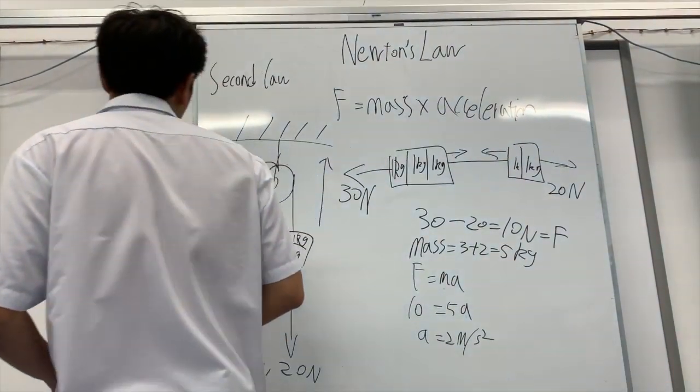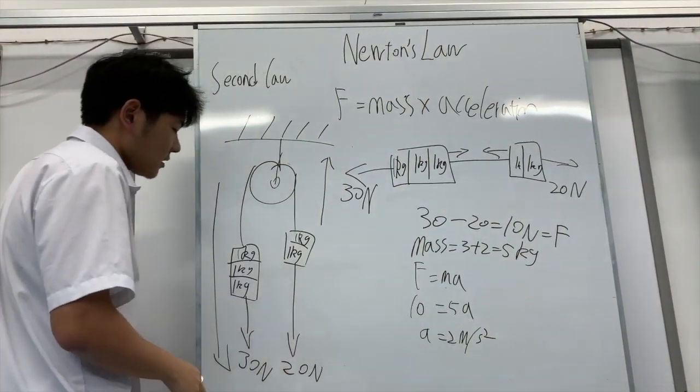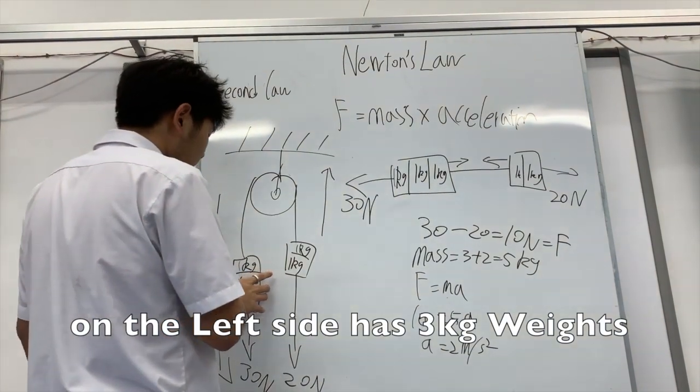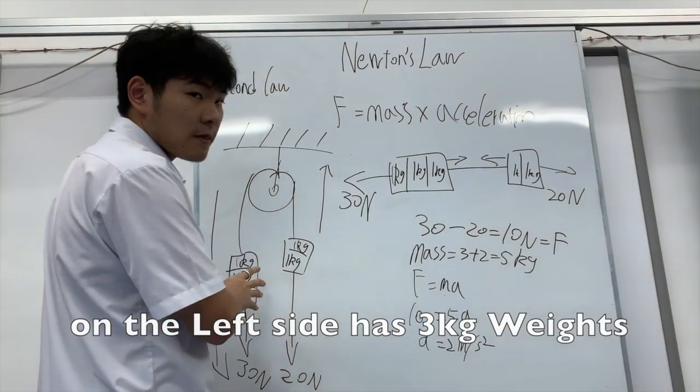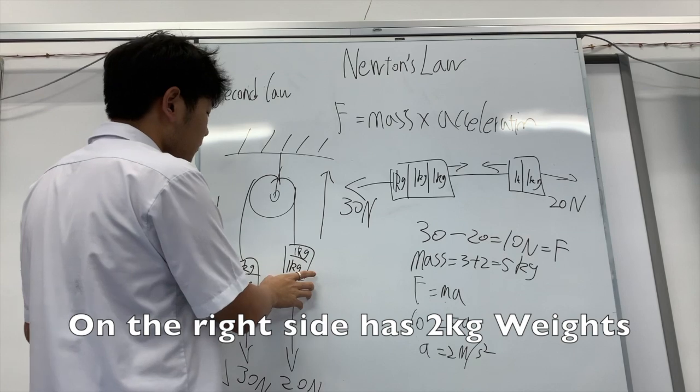Here's an example. This is a pulley diagram. On the left side, we have a 3 kg weight. On the right side, we have a 2 kg weight.